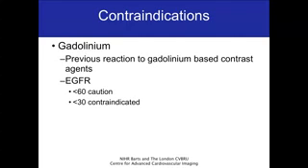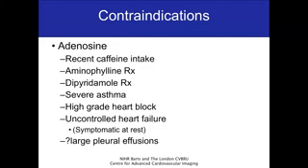But if it's less than 30, you really need a very good clinical reason to administer gadolinium, so that the information that you need, which may alter management of the patient, can't be acquired with any other investigation. So really this is a contraindication if the eGFR is less than 30 because of the risk of NSF, which we'll come back to in a second.